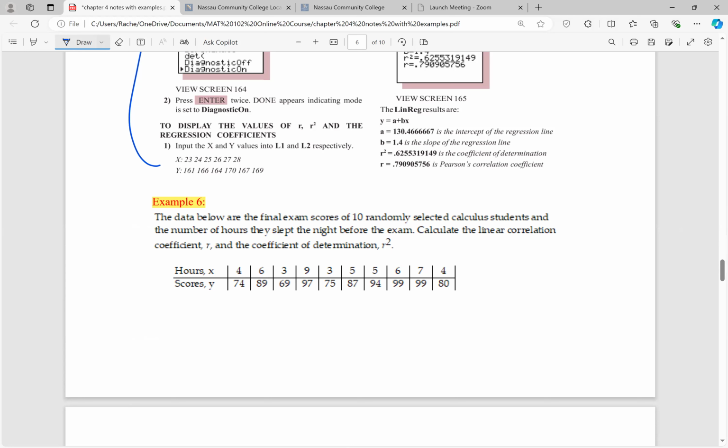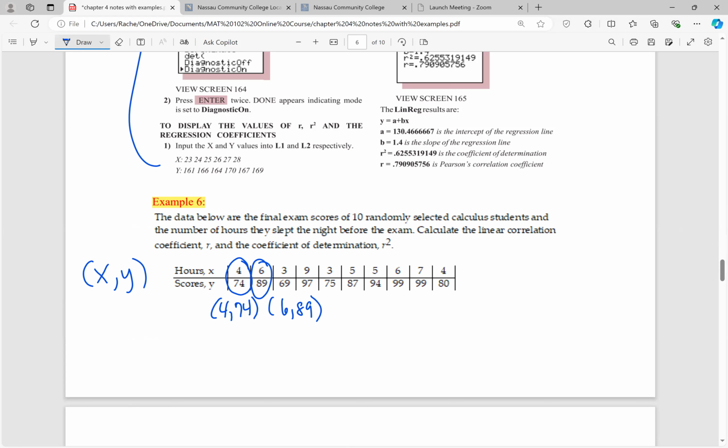So you can think of these pairs as ordered pairs, right? Because hours represents X and scores represents Y. Whenever we write an ordered pair, we write X comma Y. So we can think of the first ordered pair as 4 comma 74. The second ordered pair, for example, would be 6 comma 89, and so on and so forth.